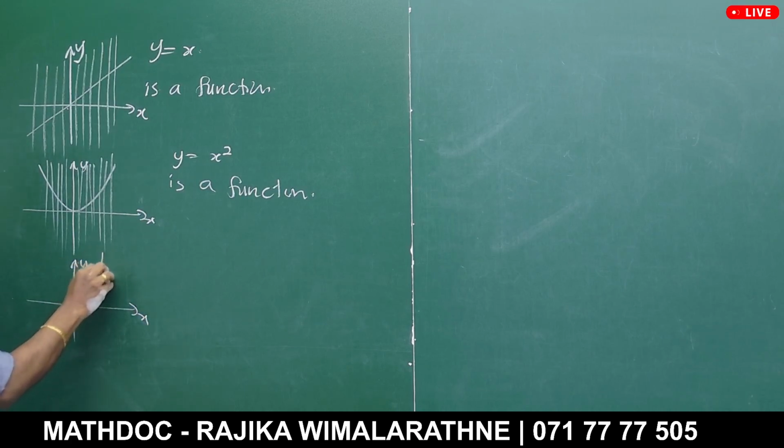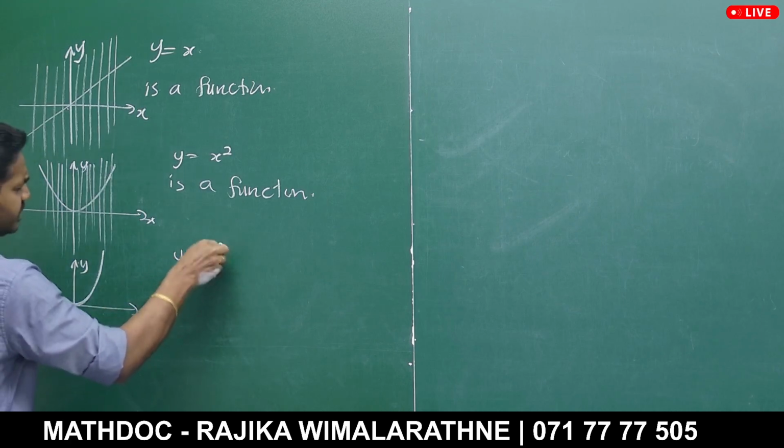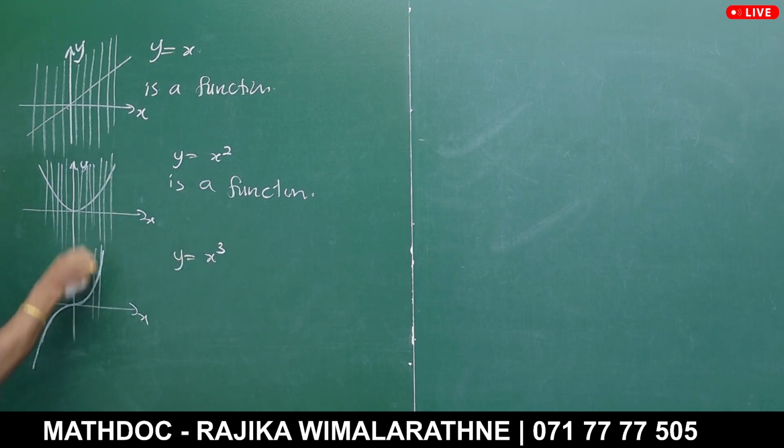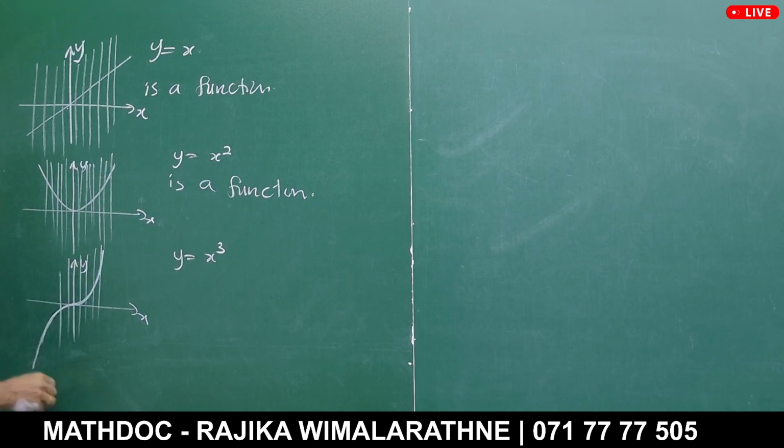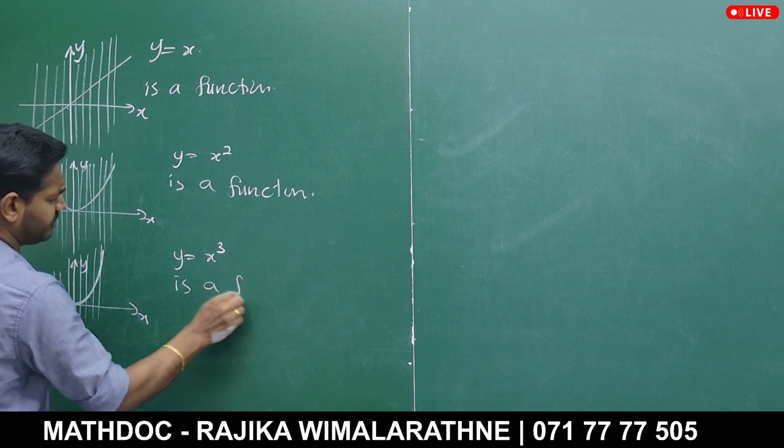Y equals x cubed. You sketch many vertical lines, then every one of them cuts at one point. It is a function.